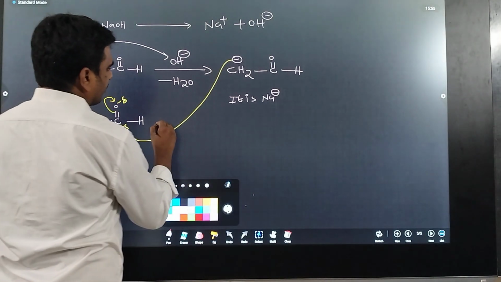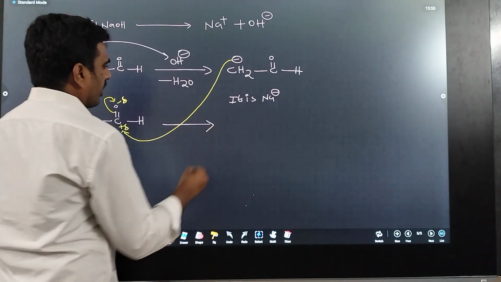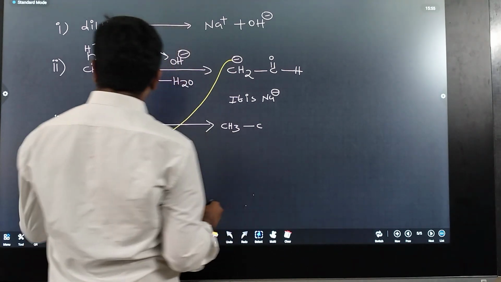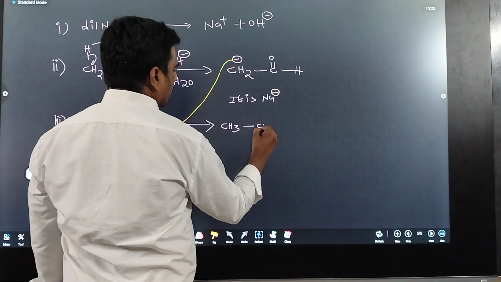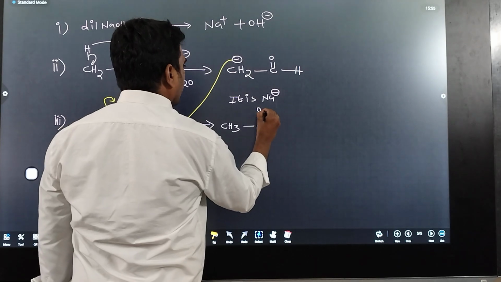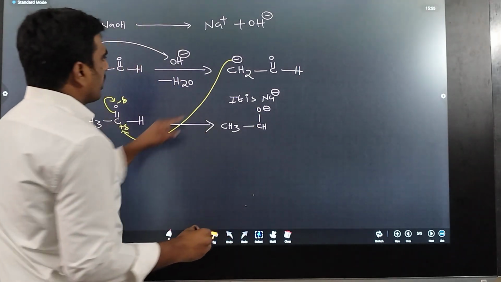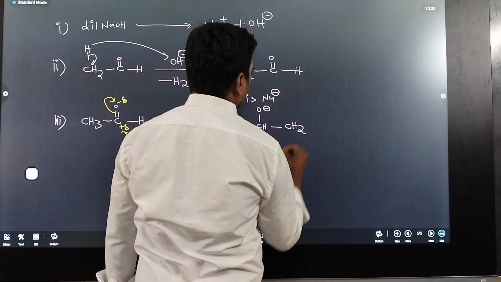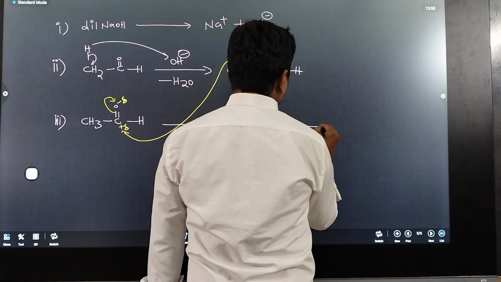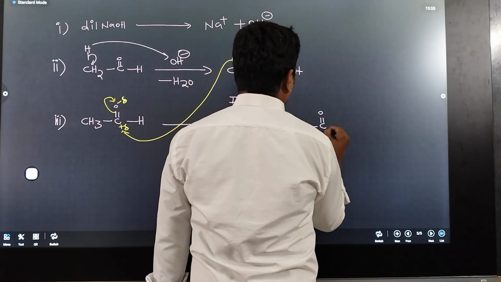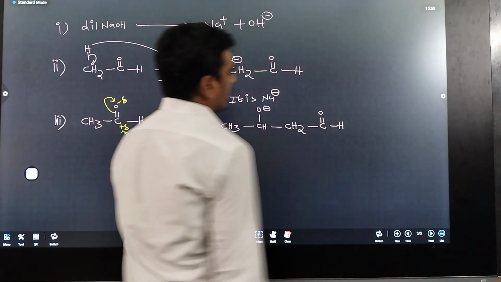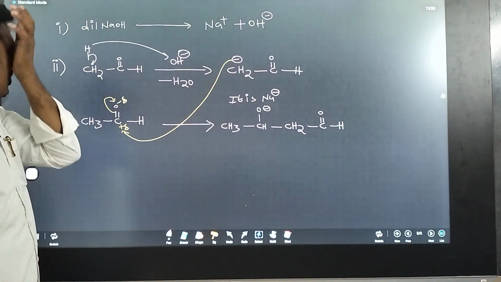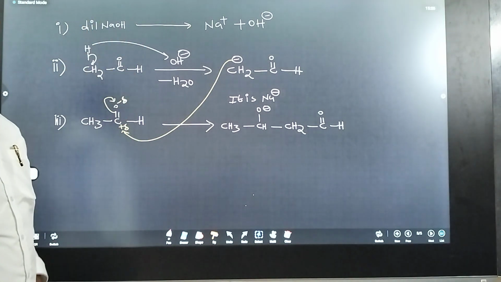So nucleophile attacks on here, electron displacement towards here. So we get CH3. So next to second carbon, this carbon has one hydrogen. So next to O minus, this carbon connected to CH2, CH2, C double bond OH. So this reaction depends on dilute NaOH.